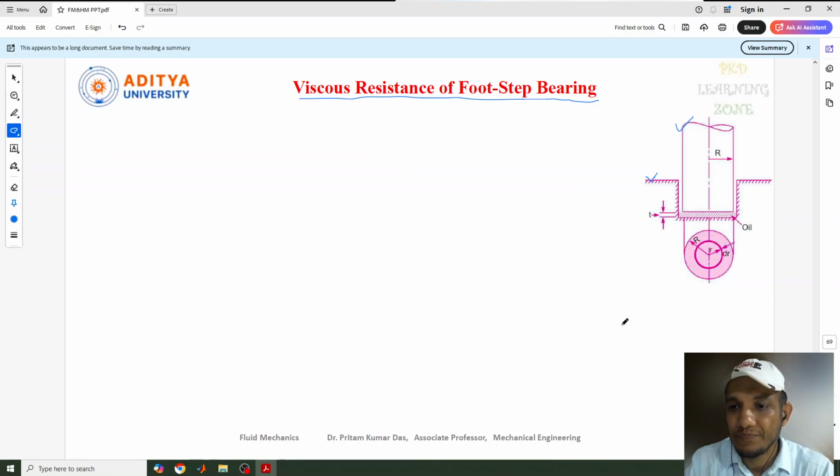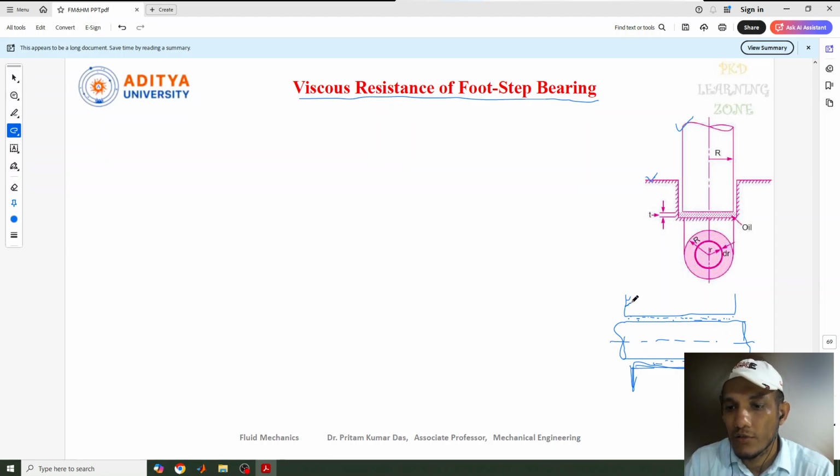In the journal bearing, the shaft is located like this, and the bearing is given in this way, and between the shaft and the bearing, here also an oil film is provided to reduce the wear and tear and for a better movement of the shaft.